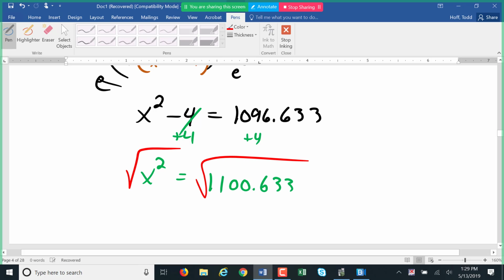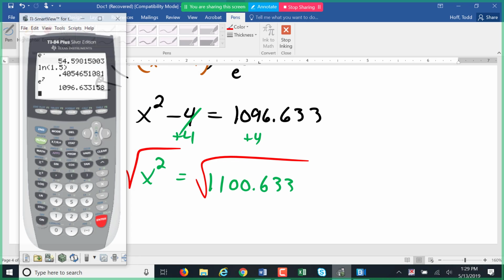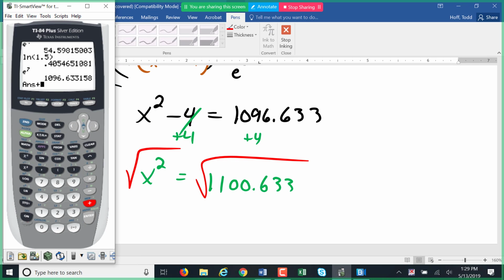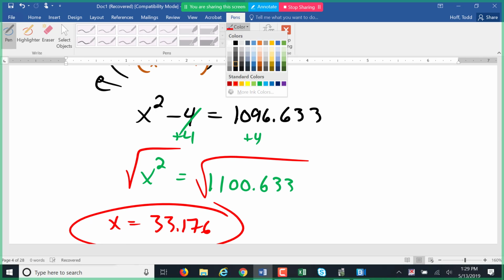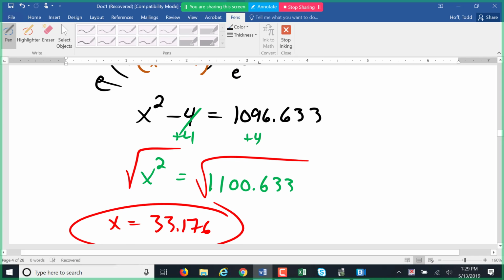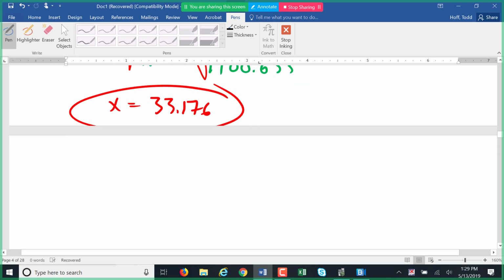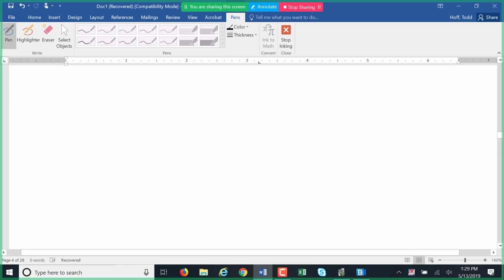And we square root, to get x equals 33.176. What do you think? Not too bad? Well, let's look at some applications of these equations.